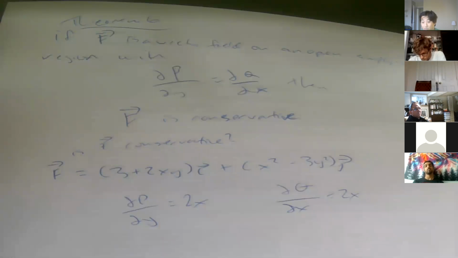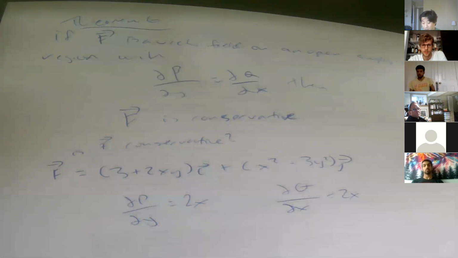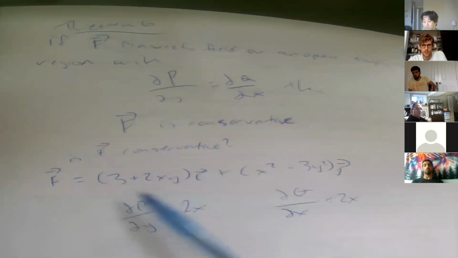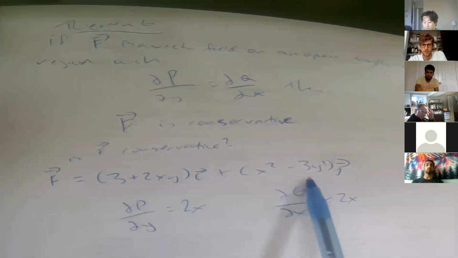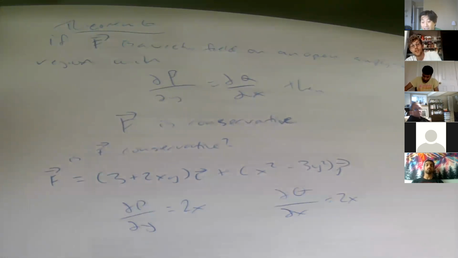Do they match on a nice region? A nicer region? We could pick our region, but we don't have to. The point is, where is this vector field defined? It's defined anywhere. Defined as in what values of x and y can it take.